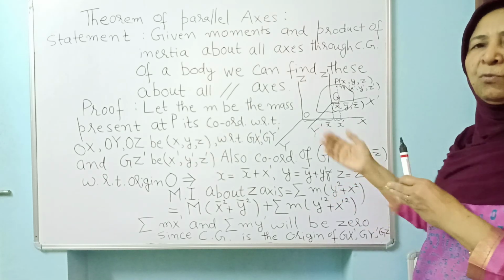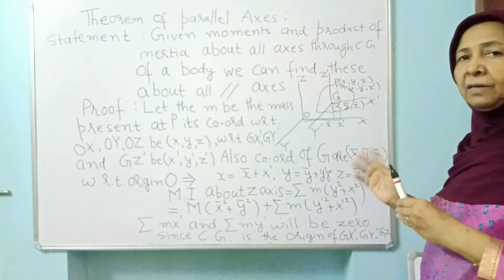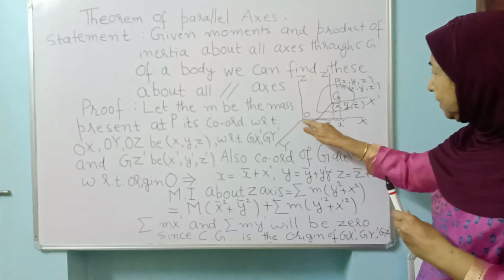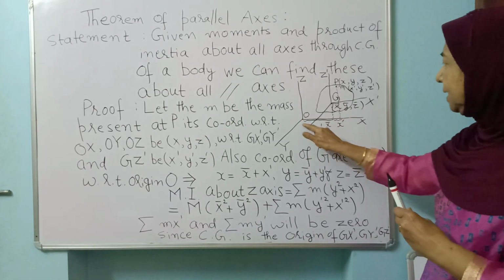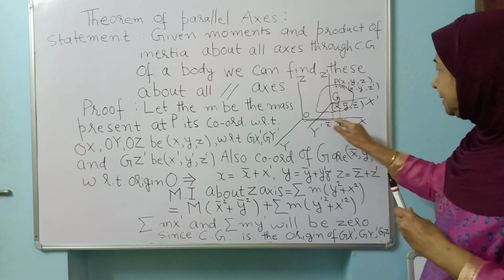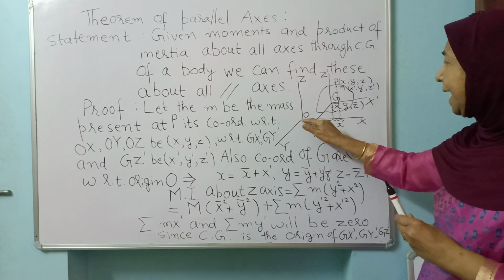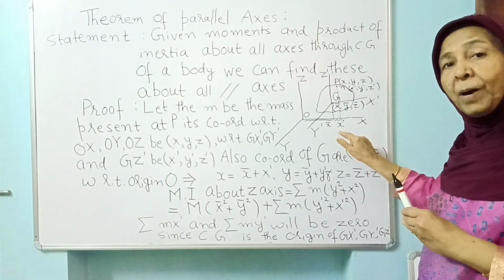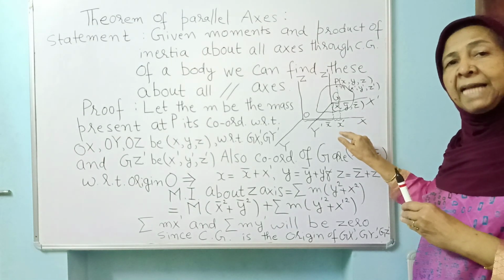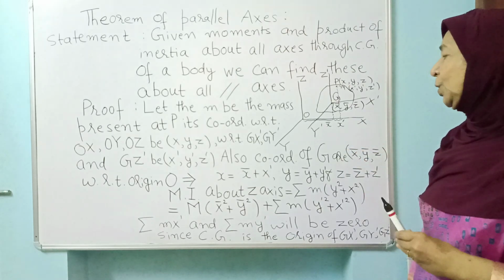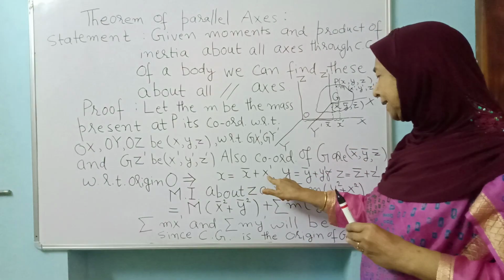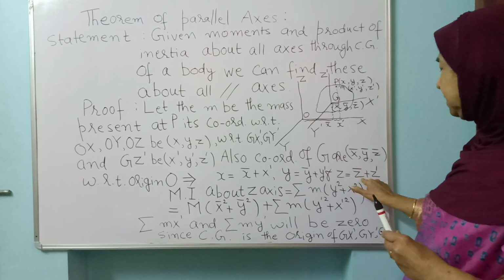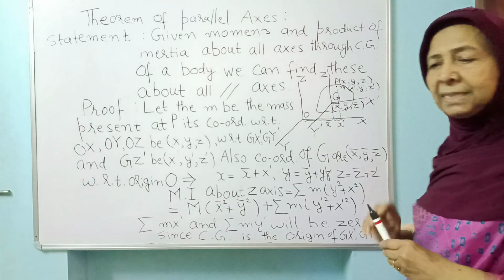But if you observe, this whole length is x, this is x bar, this is x dash, so x is nothing but the sum of these two quantities, x bar plus x dash. Okay. So x is x bar plus x dash, y is y bar plus y dash, and similarly z is z bar plus z dash.